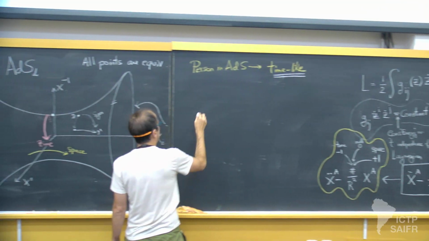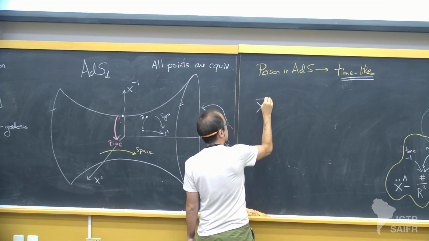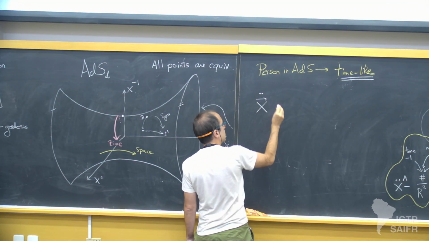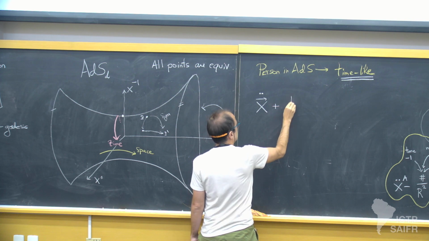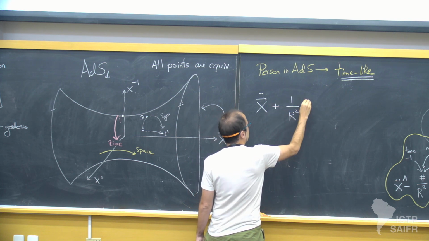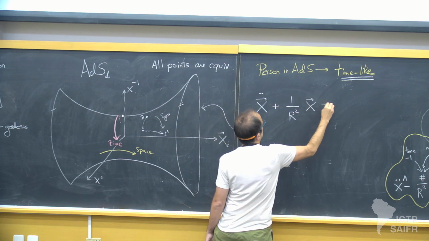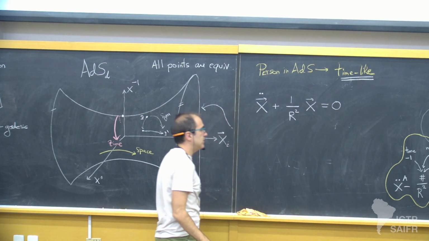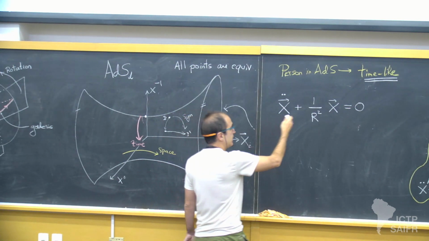We would get the following equation: X double dot plus 1 over R squared X equal to 0. But then this equation is trivial.